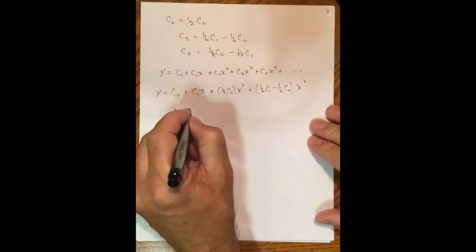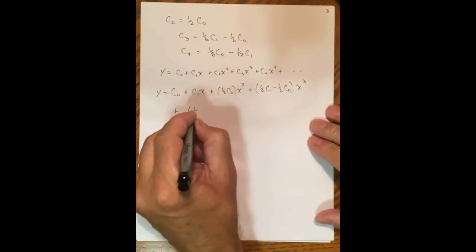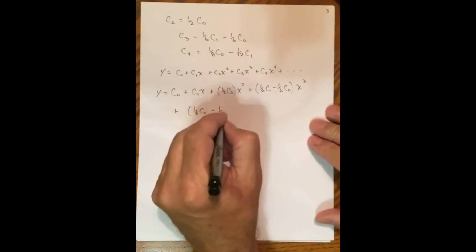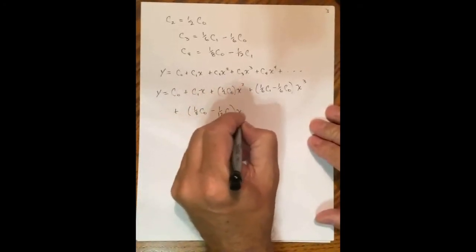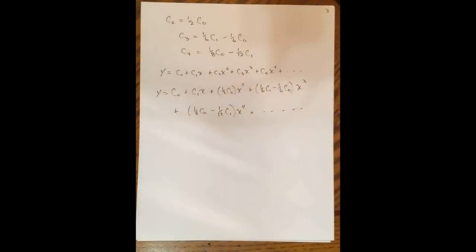The coefficient of x to the 4th, c sub 4, is going to be 1/8 c sub 0 minus 1/12 c sub 1. And they can just keep going. And believe it or not, that is your answer.